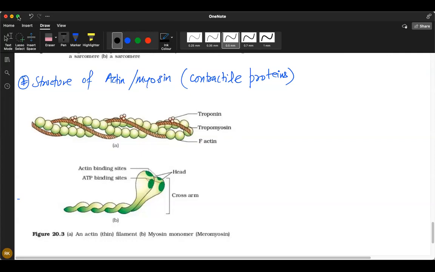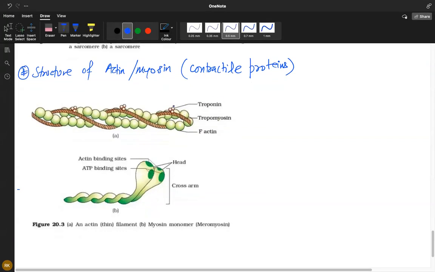Can you all see the screen back? So this troponin actually sits exactly at the place which was the binding site for myosin. What you see here is the actin filament, and this is a myosin filament.